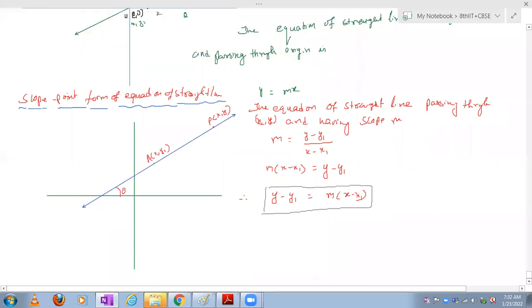Slope is m and passing through x1 and y1, that is the equation of the straight line. Y minus y1 is equal to m into x minus x1. This is the slope point form of the equation of straight line. Got it? Yes, sir.